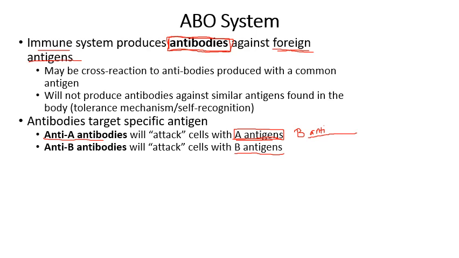But a person with B doesn't have an A antigen, so there are no cells with the A antigen, and the immune system in a B blood would make the A antibody.